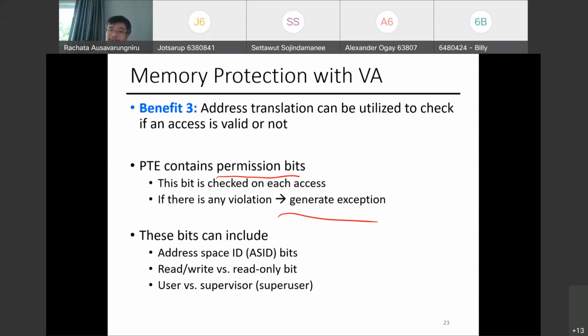User versus supervisor. Users are not supposed to overwrite or read data from the supervisor's region or page, right? So again, these are ways to protect the memory. Think of them as permission bits that either allow you to access the data or say something's wrong here, I'm not going to let you access the data.